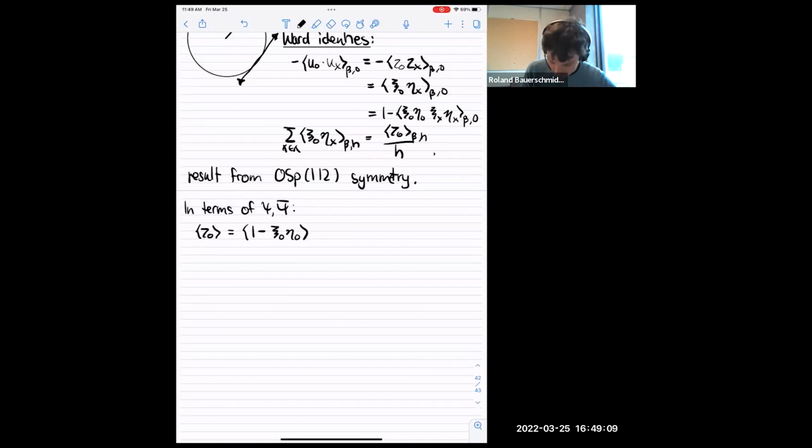That was by definition. So this is 1 minus 1 over beta psi bar 0 psi 0. Psi x eta y similarly is just 1 over beta psi bar x psi y. So these relations provide constraints on the correlation functions.